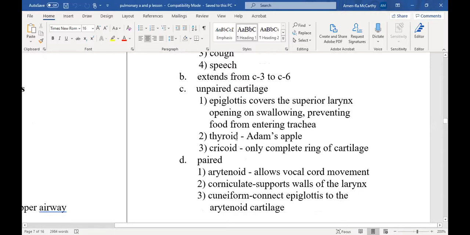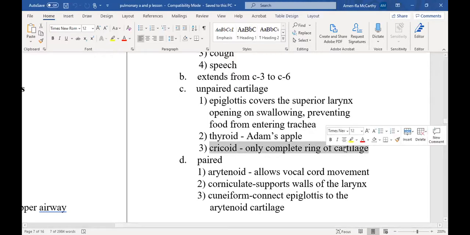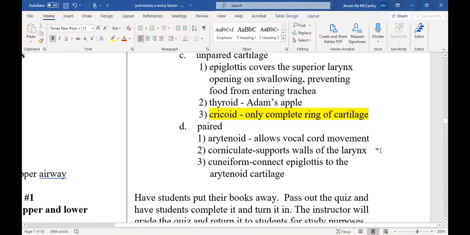It also has the thyroid cartilage, which is also known as the Adam's apple. And the cricoid cartilage. We said the cricoid cartilage is the only what? Complete ring. Only complete ring of the trachea is the cricoid. It's a whole ring. The rest of them are just little C-shaped rings.